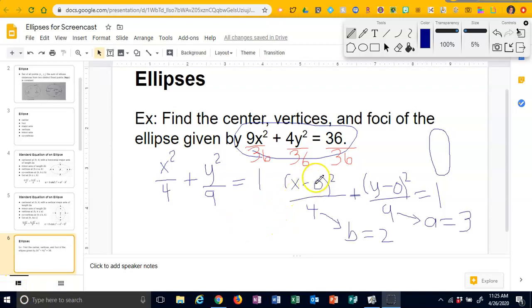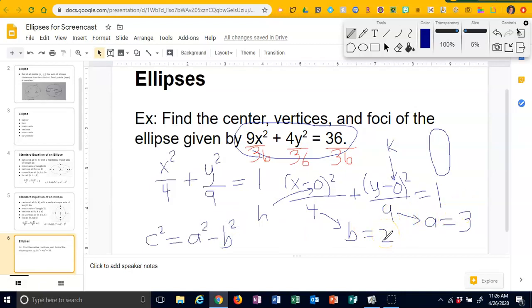And so now I have this would be h, this will be k, and the only thing I'm missing is c. I'll write that over here. c squared is equal to a squared minus b squared. If I square a, I get 9.